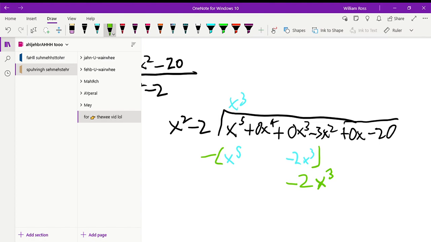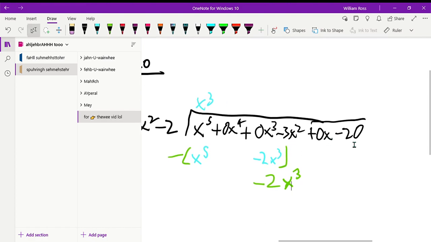Alright. And now we can bring these three down because we did 3 terms. So then it will become negative 2x to the third minus 3x squared plus 0x minus 20.